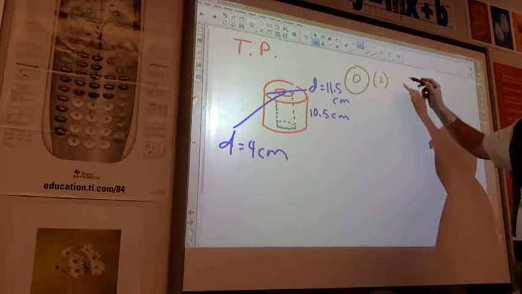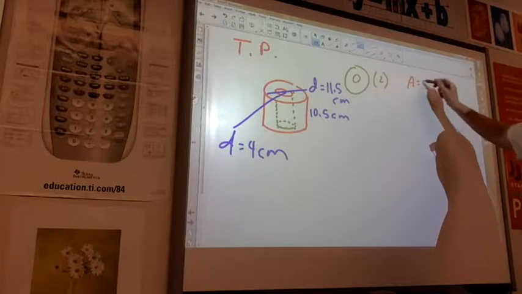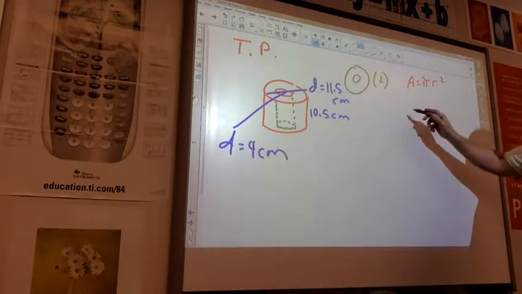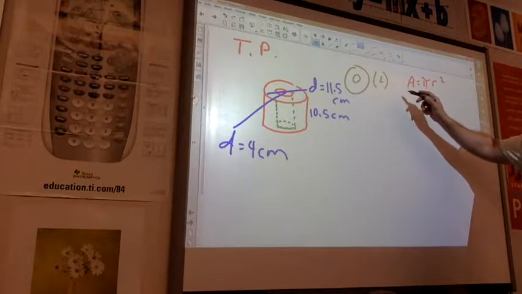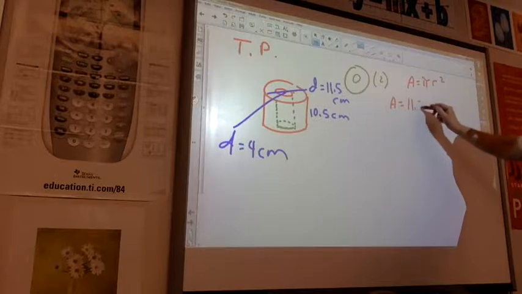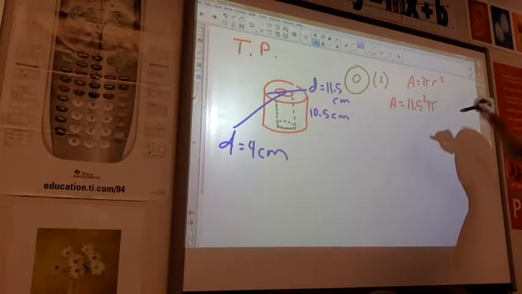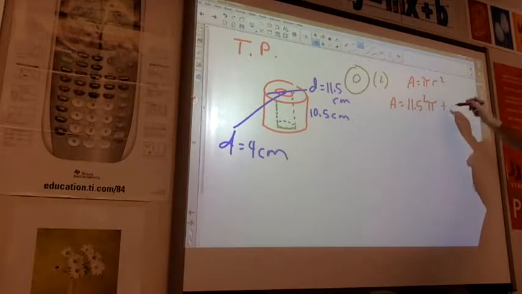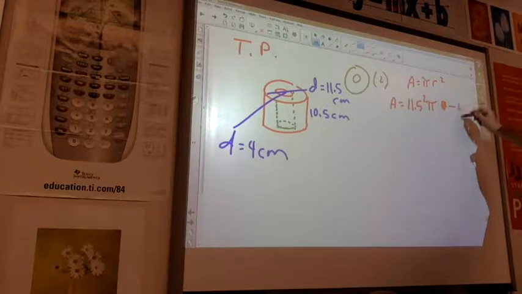So I think we can find the area of the circle. Area of the circle is pi r squared, right? So let's find each of those first. Area of the big is 11.5 squared pi, minus 4 squared.